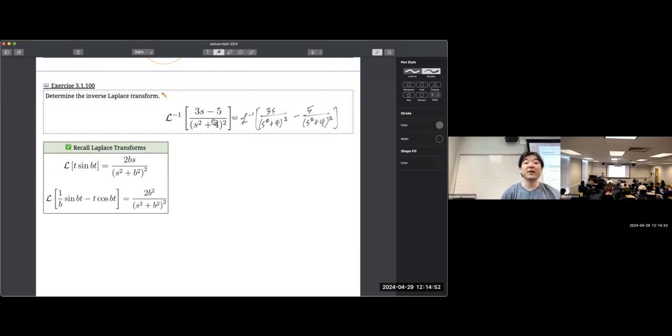Right? This is just taking the fraction and splitting it into two fractions. Then I can just compute the inverse Laplace transform of the first fraction, minus the inverse Laplace transform of the second fraction.